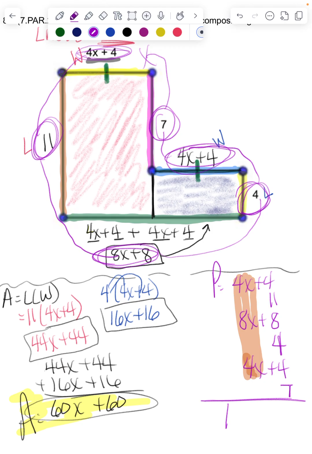So I get 16x plus, and then I'm going to come back to my calculator, and I'm going to add all these up. 4 plus 11 plus 8 plus 4 plus 4 plus 7. And I get 38. That is the perimeter.